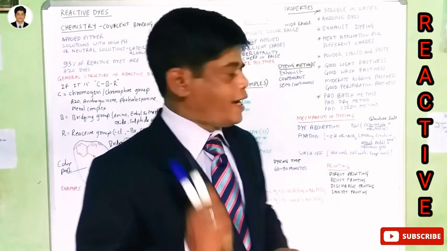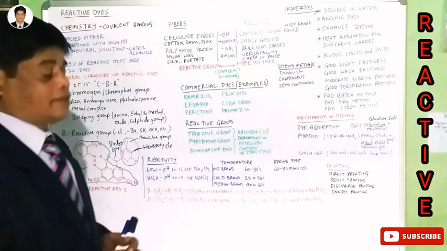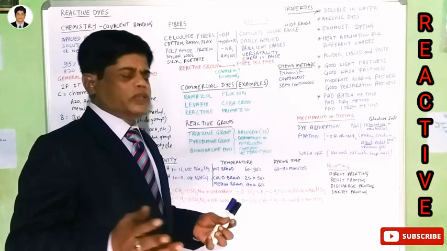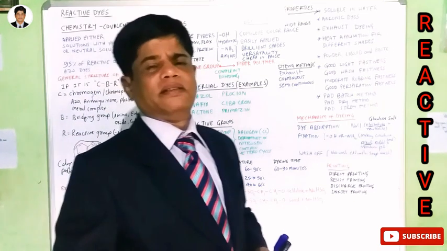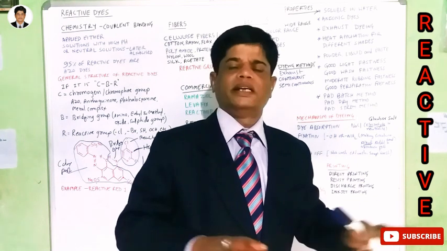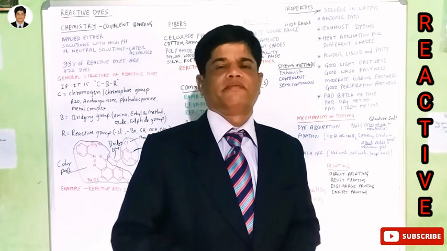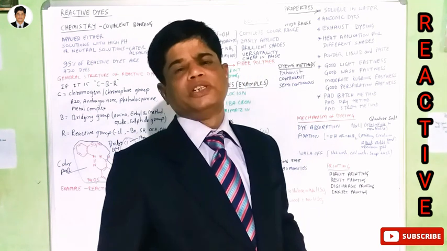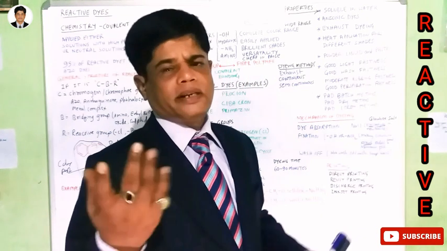And what are the other benefits? Easily applied. There is no complexity in applying reactive dyes. It is very easy to apply, and not complex in nature or time consuming.